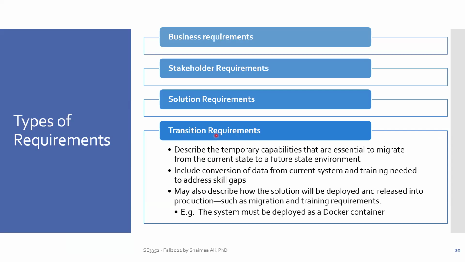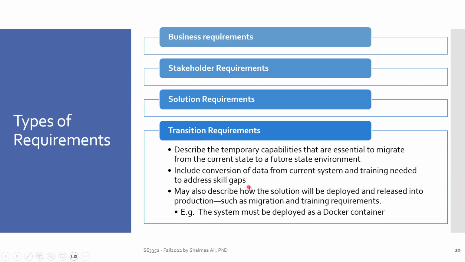For example, data conversion is something that needs to be considered as part of this category. When we moved from Sakai to Brightspace, some data migration had to happen. Also, some training and access to documentation needed to happen to learn the new system.